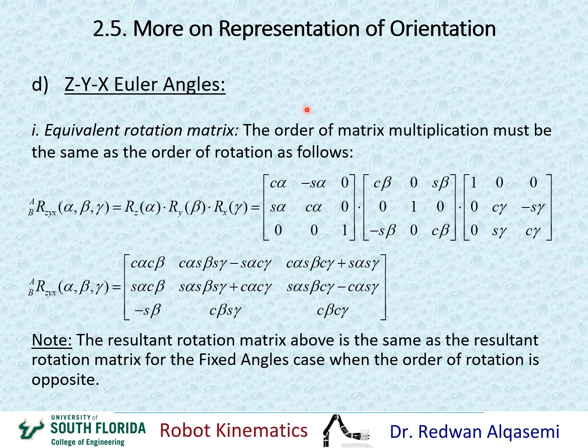Now, if we go back to fixed angles that we covered in the previous topic, if we have a sequence of rotation, again, it doesn't matter how many rotations or in what sequence.